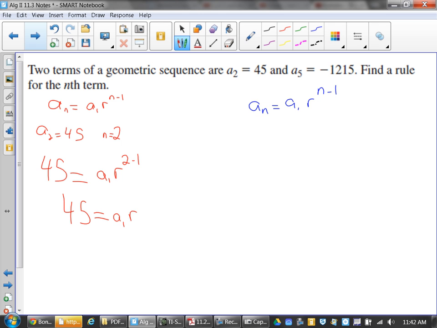Within the second term, we know that the fifth term is negative 12, 15. Therefore, what is n? 5. Now I'm going to again substitute in what I know. I know that the fifth term is negative 12, 15.